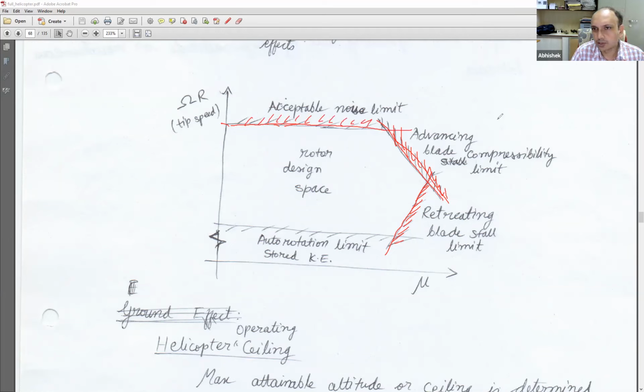For any rotary wing system, the noise that it generates is usually a fifth order function of the tip speed. So if I decrease my tip speed by even small values, I typically end up reducing noise significantly. Therefore the tip speed limit also comes. I cannot go beyond this because my noise may be too much.